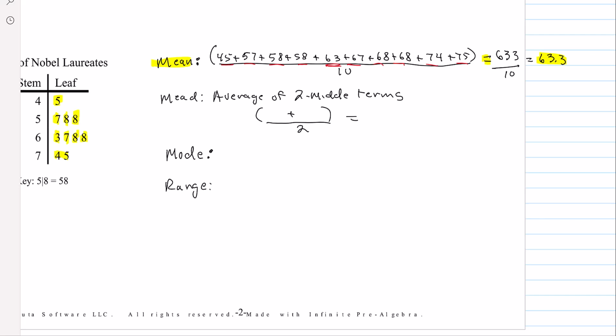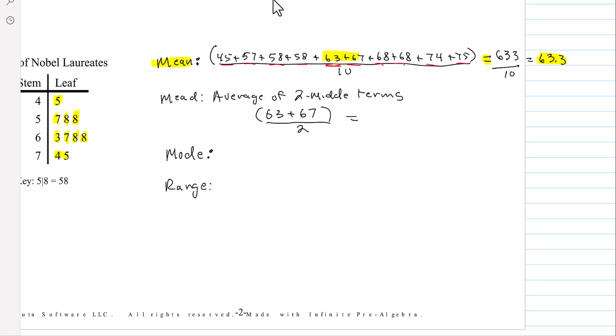So there's our 2 center values, 63 plus 67. It looks like that's 130, but let me check. 63 plus 67, 130, divide by 2.